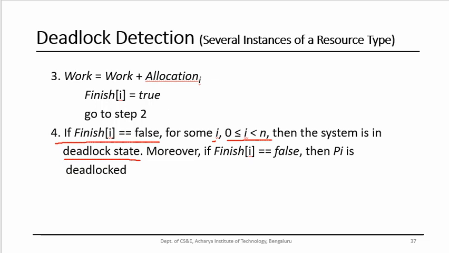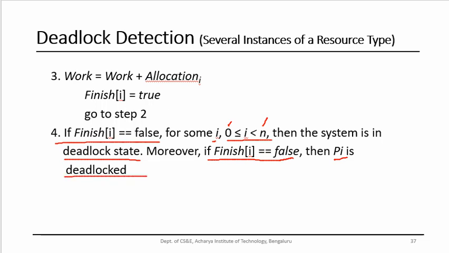Or if Finish[i], where i varies from 0 to n, is equal to true for all elements, that means the system is not in a deadlock state. You can also determine which processes are contributing to deadlock. If Finish[i] is equal to false, you can say that Pi is deadlocked.